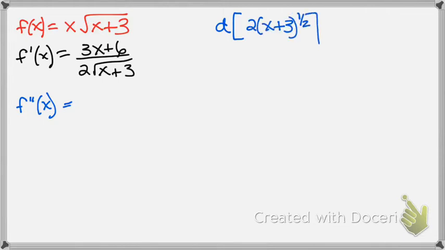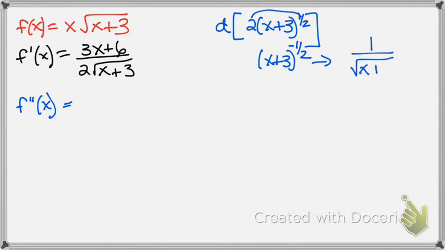Let me just do that off to the side just to make sure I get that right. So I'm going to do a power rule, chain rule. So it's 1 times (x + 3)^(-1/2) times the derivative of the inside, which is 1. So that derivative is just going to be 1 over the square root of x + 3. So when I get to the derivative of the bottom, I'm going to write that.